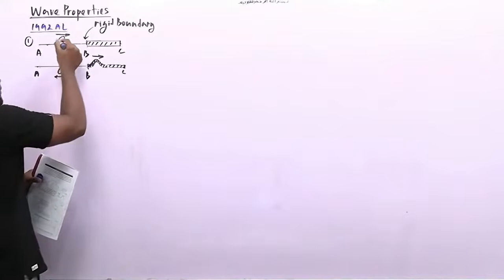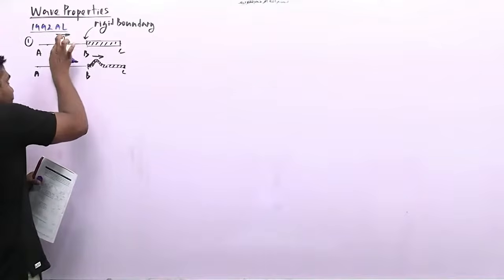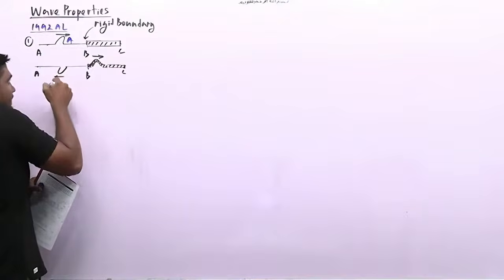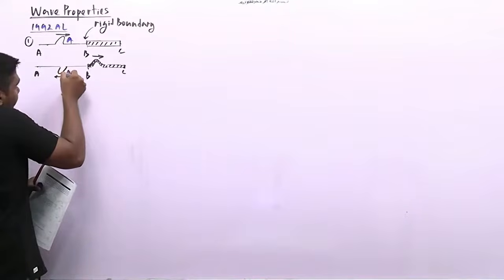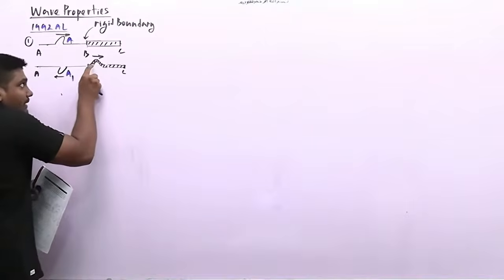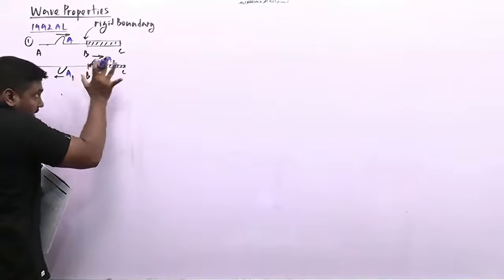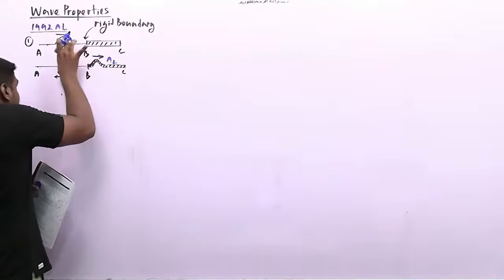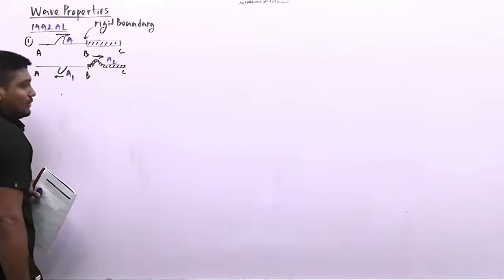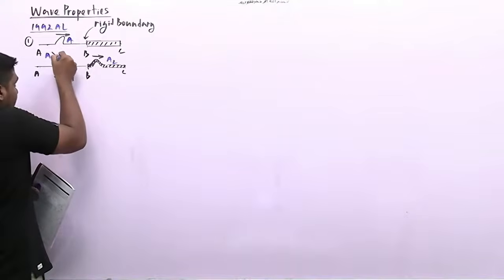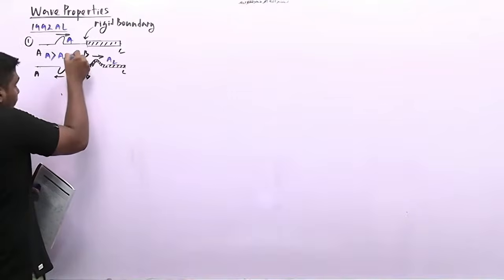And when you compare the amplitudes, the amplitude of the incident pulse is, let's say, capital A. The amplitude of the reflected pulse is capital A1. The amplitude of the pulse propagating in string BC is capital A2. We know capital A is greater than A1 and A2.